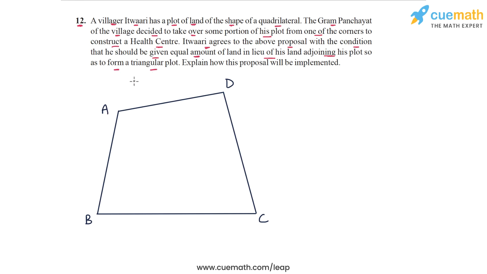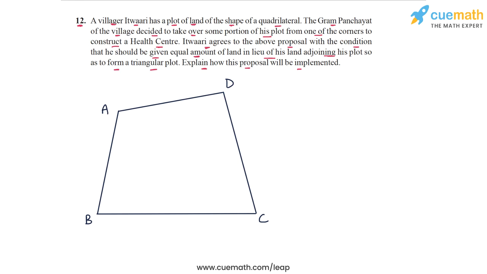So what this means is that whatever land is taken by the Gram Panchayat, Itwari wants the same amount of land given to him so that the total land he has forms a triangular plot. Explain how this proposal will be implemented. So this is the question that we have to solve.